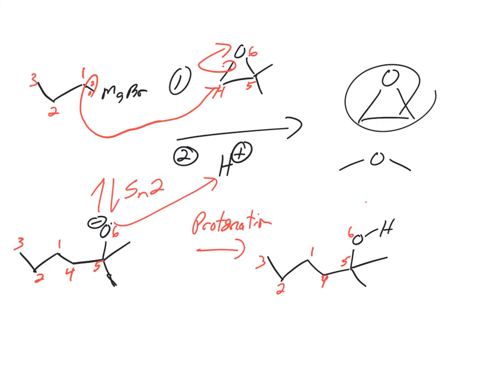Is that about 60, if it's an equilateral triangle? Thank you, Mr. Blismer, geometry class. That's going to be really strained. That's going to have a lot of ring strain. That's going to make this bond much more reactive than you'd expect because the orbitals can't overlap that well, just because the bond angles are goofed up. So that's why epoxides are much more reactive.